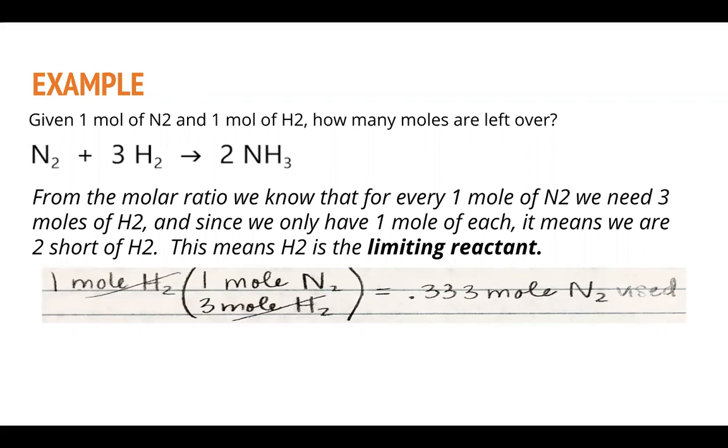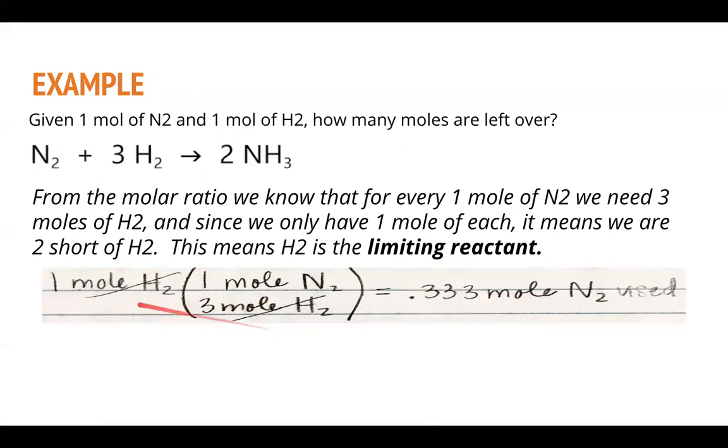Here we go. So I'm going to take what I'm given, 1 mole of H2, and the reason I'm taking H2, not N2, is because it's the limiting reactant. Like I said, always going to be using the limiting reactant in the final equation. So I'm going to take 1 mole of H2, and then I'm going to look at the molar ratio, which is 3 to 1, and I'm going to convert it into moles of nitrogen.